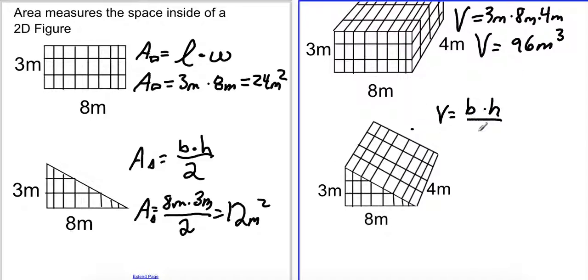We're still going to divide that by 2 because that's how we found the area of this triangle. But all we're going to do differently is multiply this by the height of our triangular prism, which is 4. So in this case, we're going to have 8 meters times 3 meters divided by 2 times the height of our figure, which is 4.